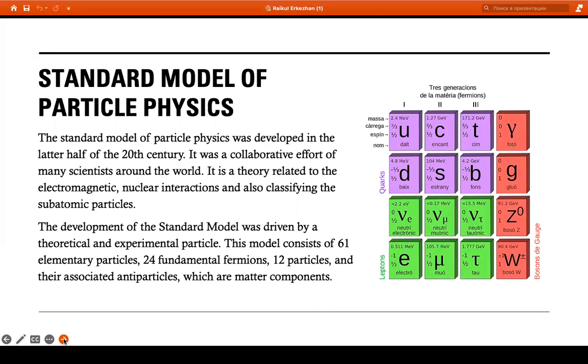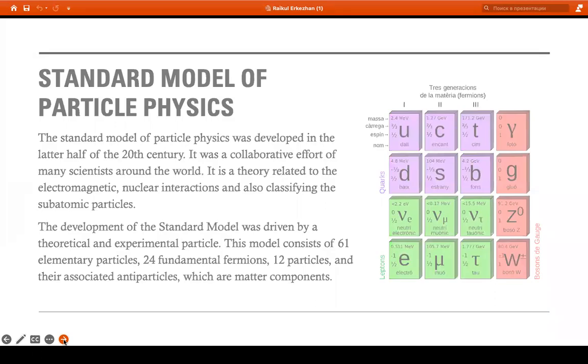The development of the standard model was driven by theoretical and experimental particle physics. This model consists of 61 elementary particles: 24 fundamental fermions and 12 gauge bosons, and they are associated with antiparticles as major components.